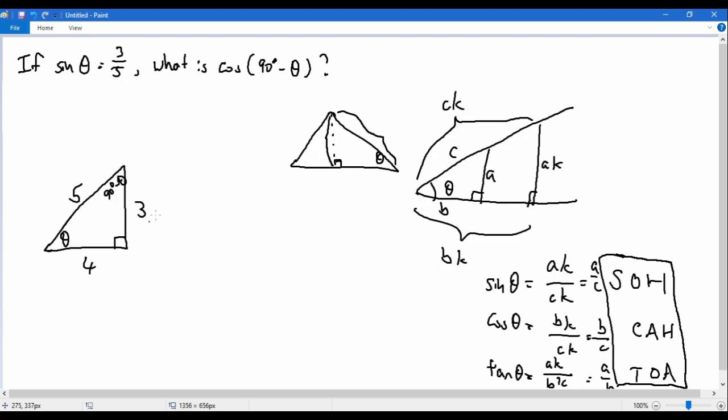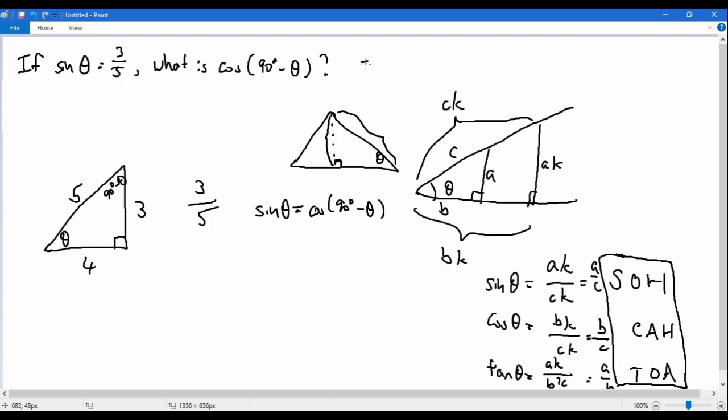Adjacent to this angle is the 3 side length, and the hypotenuse is 5. Notice that they're exactly the same. So we see that sine theta is the same as cosine of 90 minus theta. And we can see that even the trig identities themselves are related to each other. And of course, because of the right triangles, you can also see that as well.